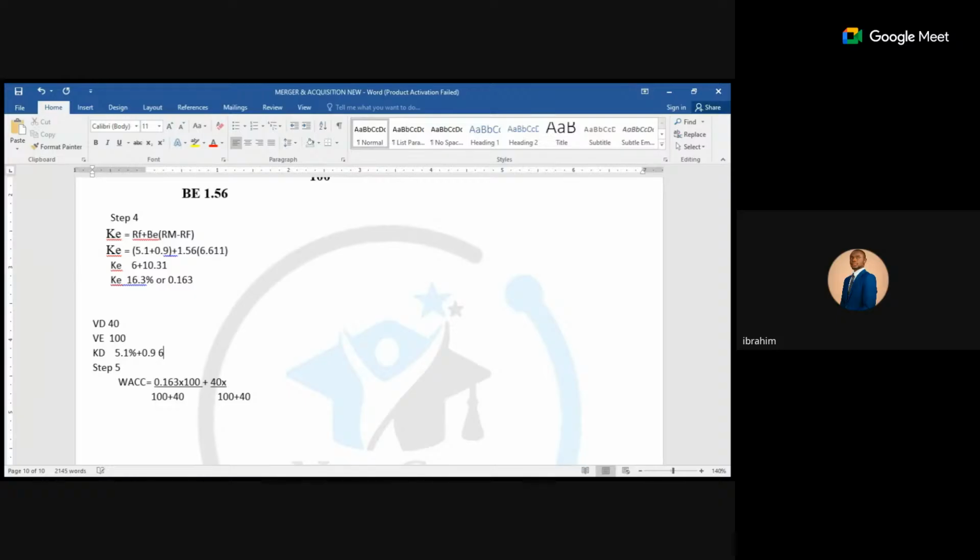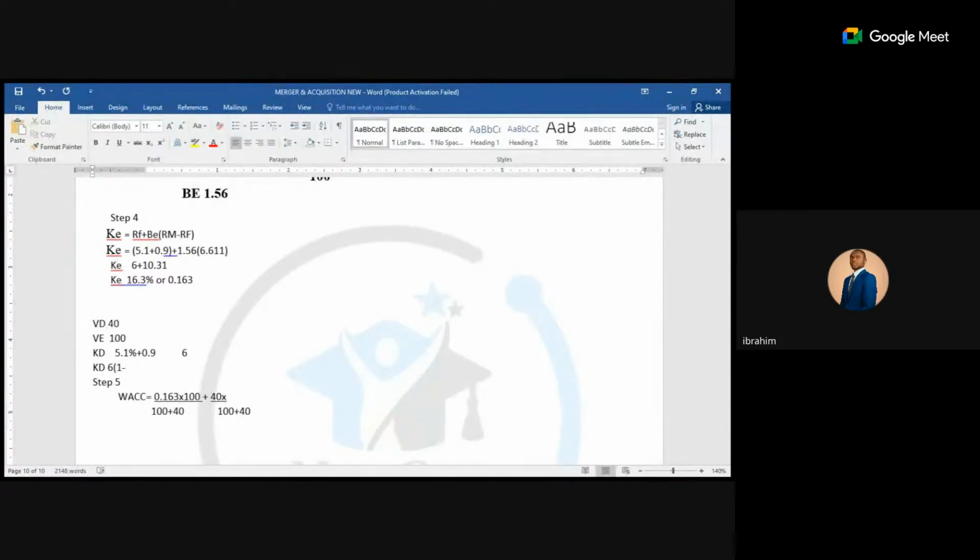This will give us 6%, right? And we're not told that this 6 is post-tax. Is that not so? We're not told that this 6 is post-tax. So definitely we have to do our tax relief on the cost of debt. So cost of debt equals 6, open brackets, 1 minus tax rate.